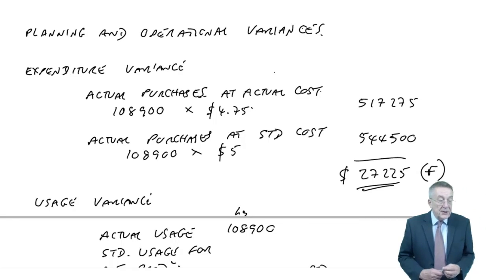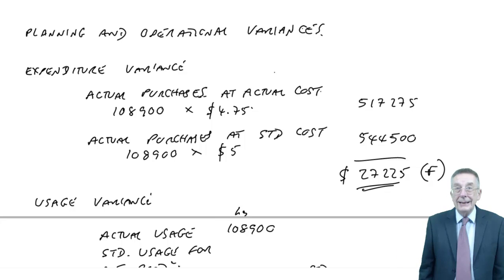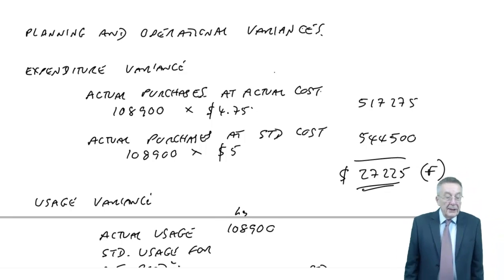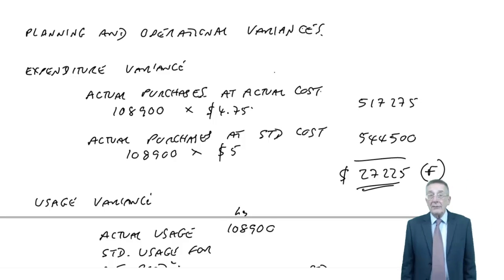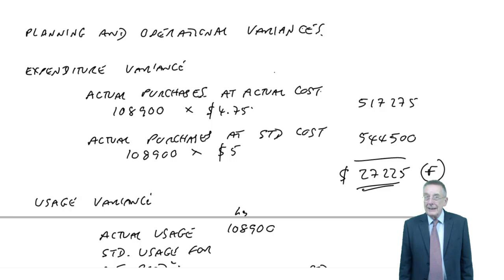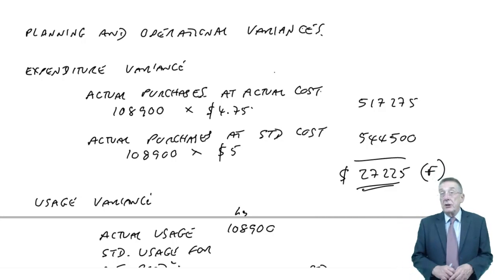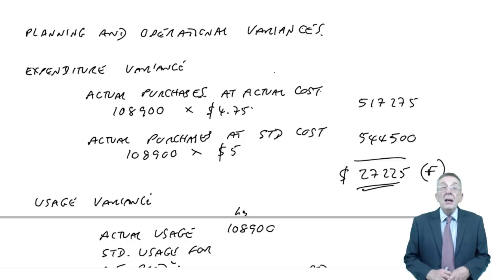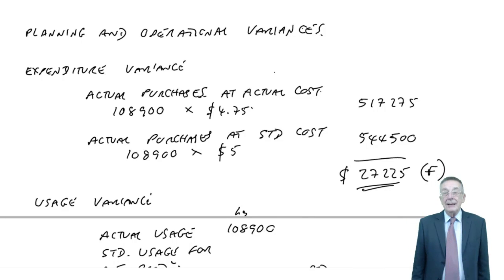And similarly here, the usage, although we originally budgeted on 10 kilos a unit, it turns out that the usage is changing to 9.5 kilos a unit. Again, maybe we made a mistake when we did the original budget, and it should always have been 9.5. Or maybe we've changed our production practices.